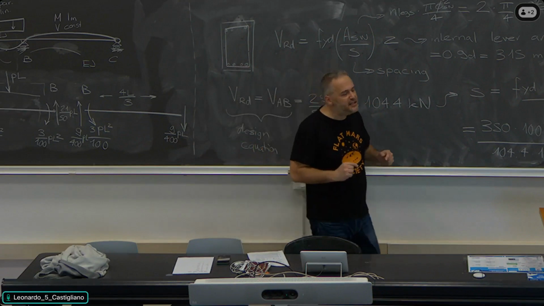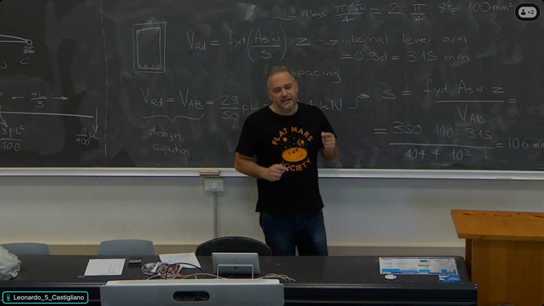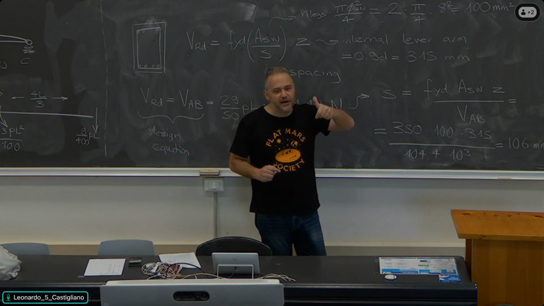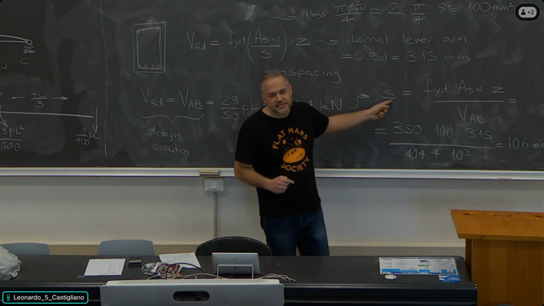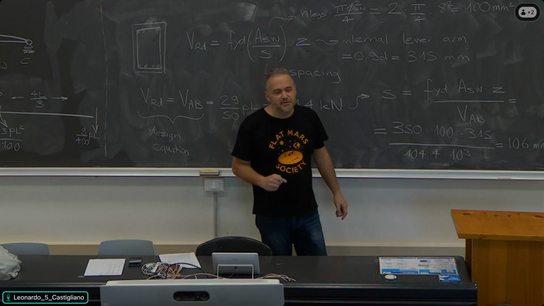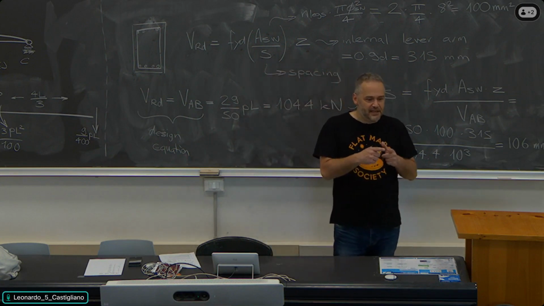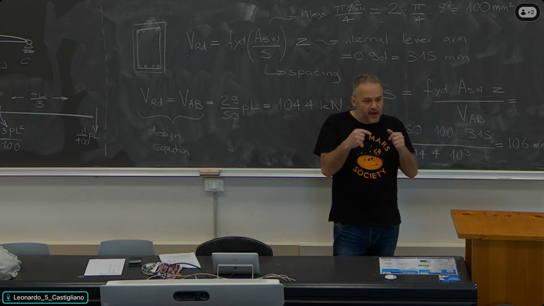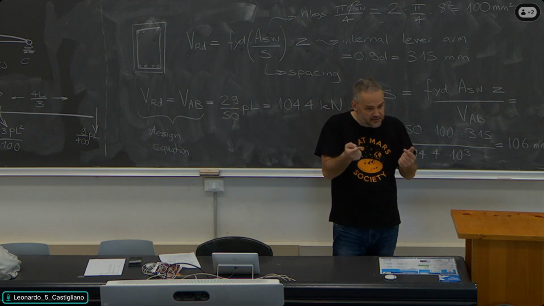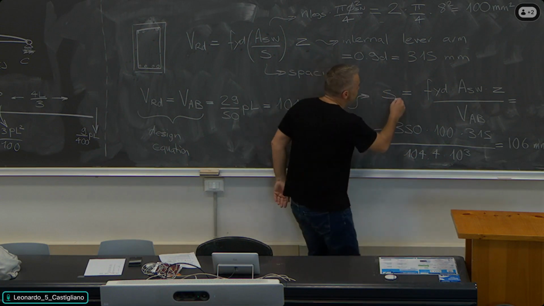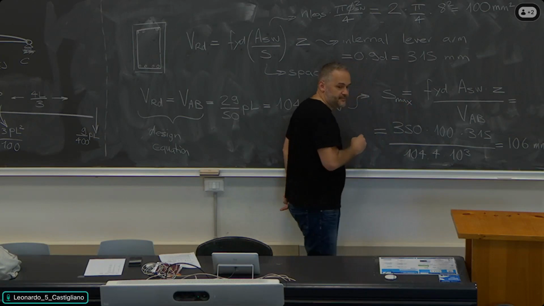Previously, when I designed the area of the reinforcement, I said the minimum area, and then I rounded it up. What is this spacing here? Is it the minimum spacing or something else? In the case of stirrups, reducing the spacing leads to a higher shear force resisted by the beam. So this is not the minimum spacing, this is the maximum spacing.